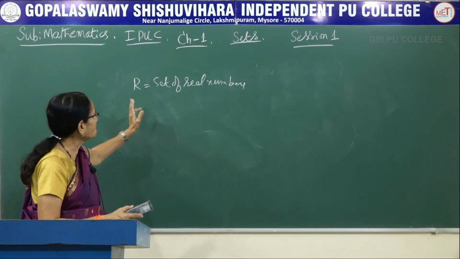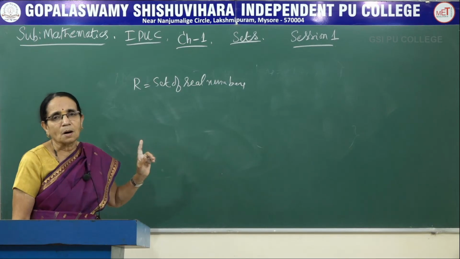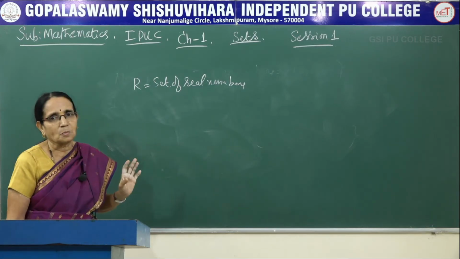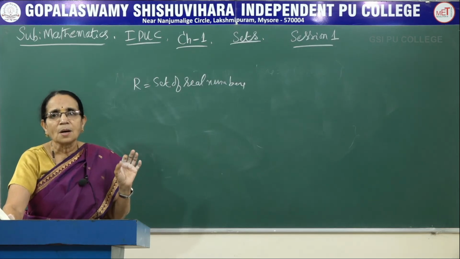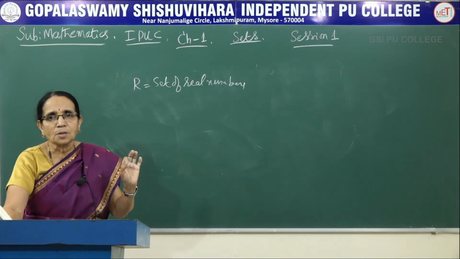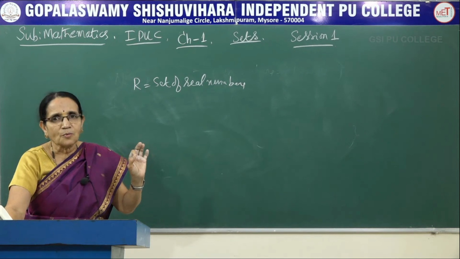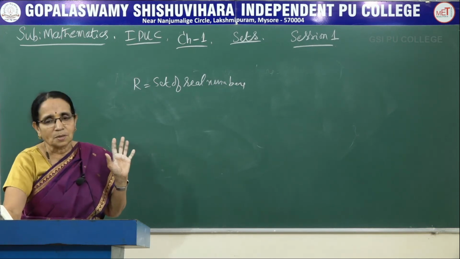We call it the real number. So capital R denotes the set of the real numbers. So N for set of natural numbers, I or Z for set of integers, Q for set of rational numbers, R for set of the real numbers.